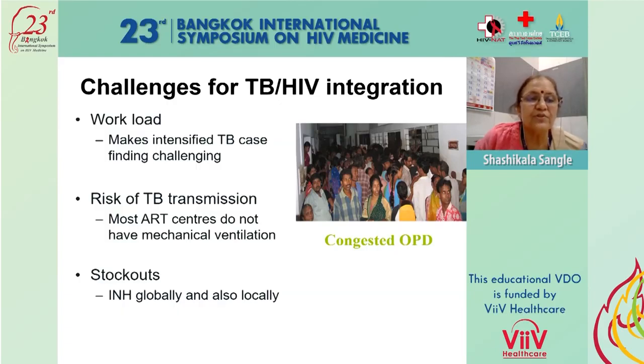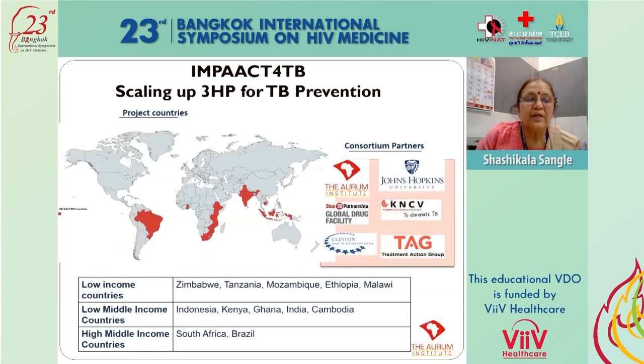There is a risk of tuberculosis transmission because most of the ART centers do not have cross ventilation, and since they are congested OPDs and the workload is more, infection control becomes a challenge. Next important is INH stockouts. Now there is an impact from the scaling up of 3HP for tuberculosis prevention, which includes INH and rifampicin for 3 months, which is being started. The project is run in 13 countries and India is among them.